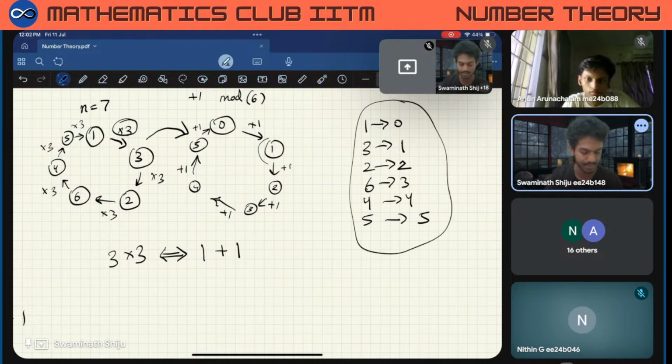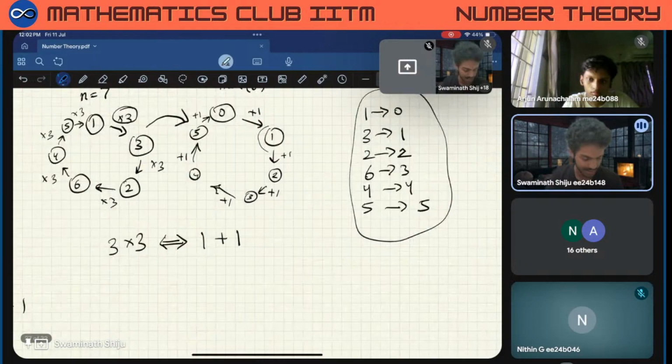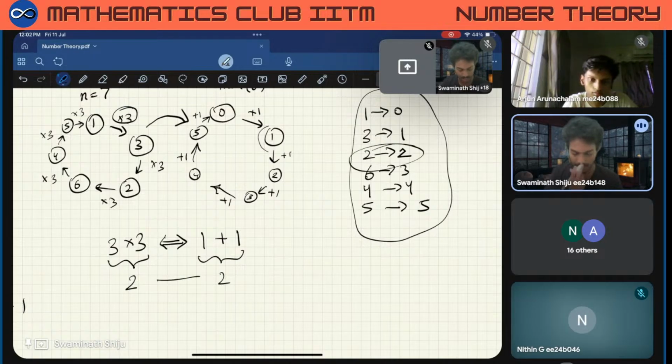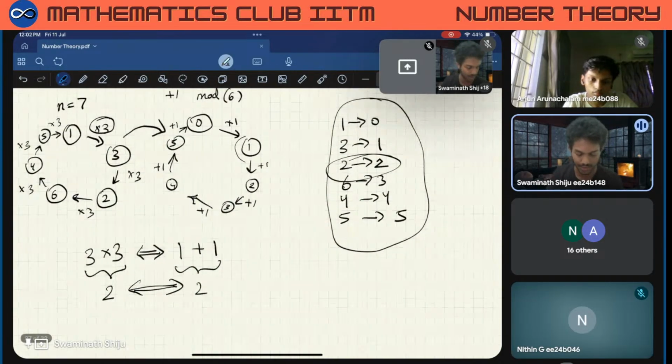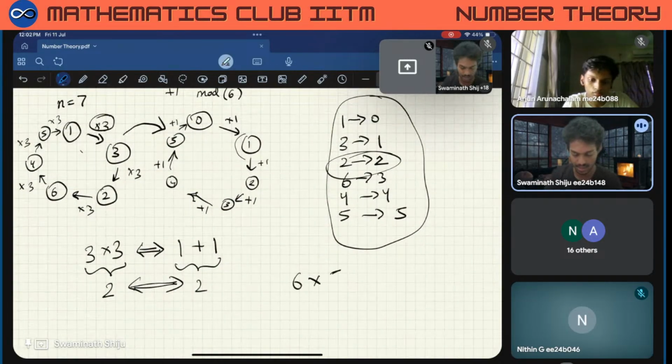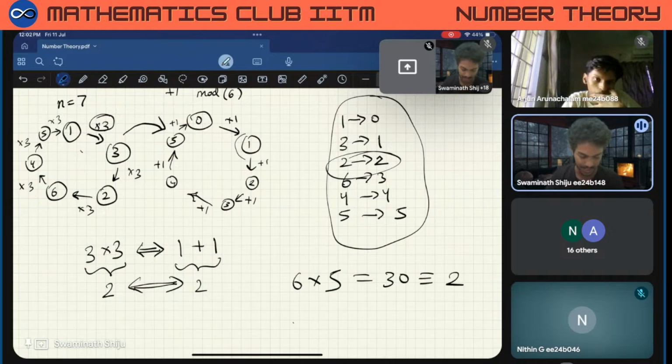We can check this also. 3 times 3 gives you 2. 1 plus 1 gives you 2. 2 is mapped to 2. We can even do something like 6 times 5. That is 30, which is equivalent to 2 modulo 7. 6 maps to 3, 5 maps to 5.